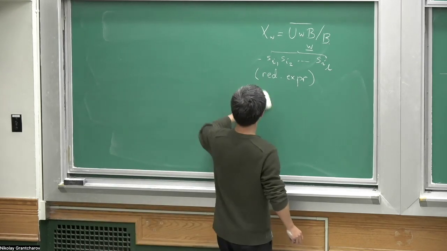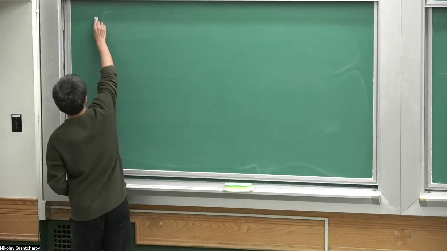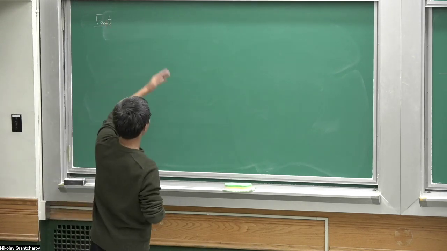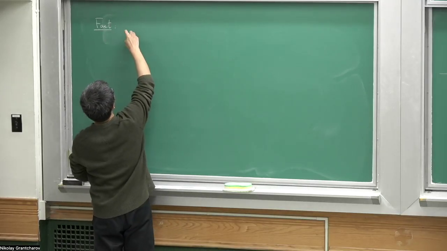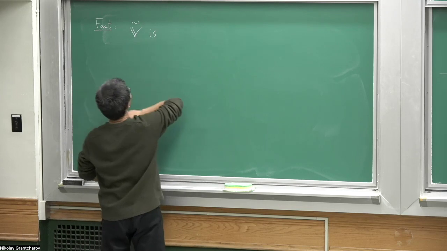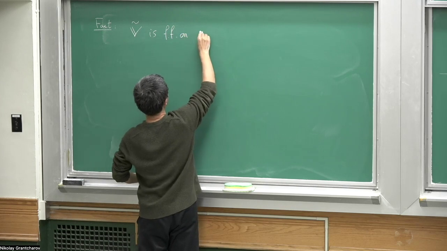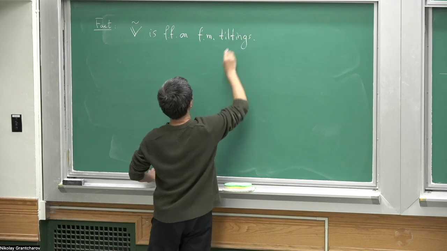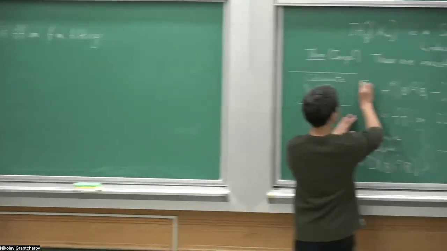Okay. Let me just write down the Soergel structure theorem for this one. So the Soergel structure theorem upgraded to this two-sided monodromic setup says that this functor V is fully faithful on free monodromic objects, parallel to this statement.